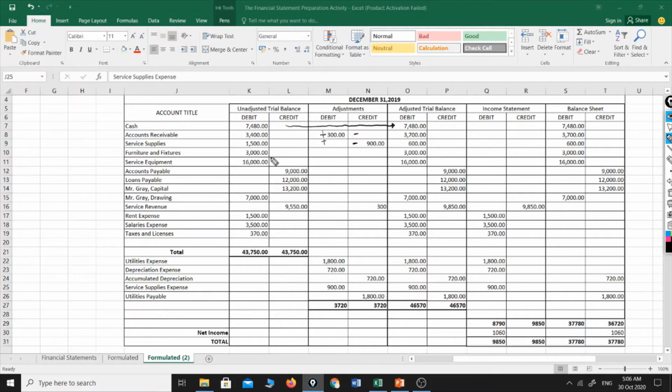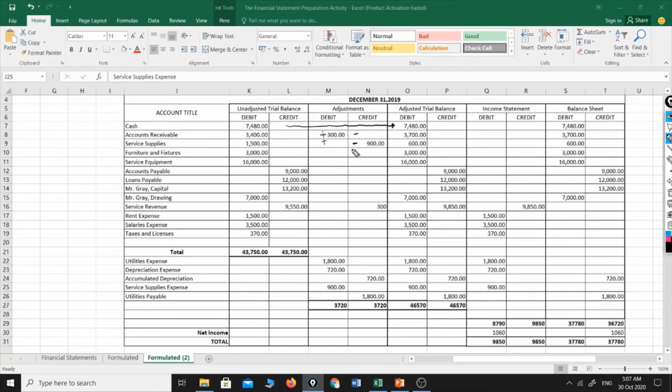Okay, we put the final amount on the side with the higher amount. Or it is just 1,500 minus 900, which is 600. And 1,500 is on the debit side, so we will put the 600, the final amount, on the debit side. Okay? So next account title is furniture and fixture.